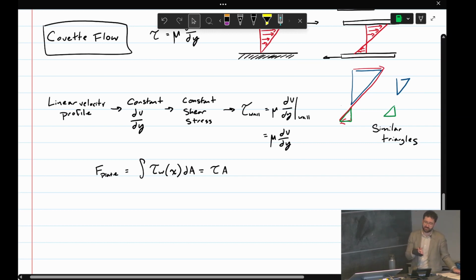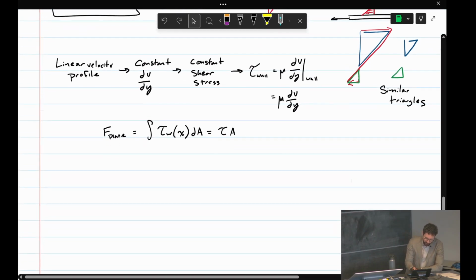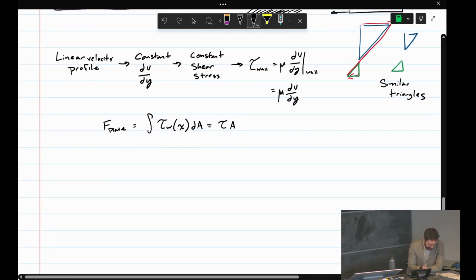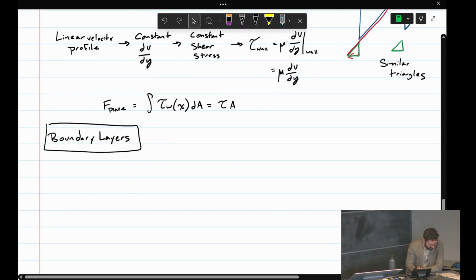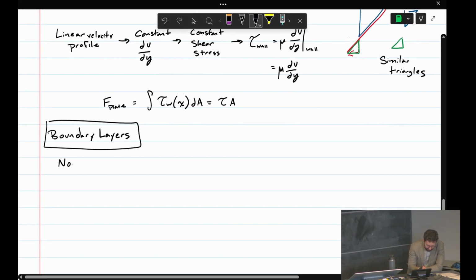So now we relax some of the simplifying assumptions of Couette flow and we move on to boundary layers. It's a more complex wall shearing flow. Boundary layers. So we have a nonlinear velocity profile now.